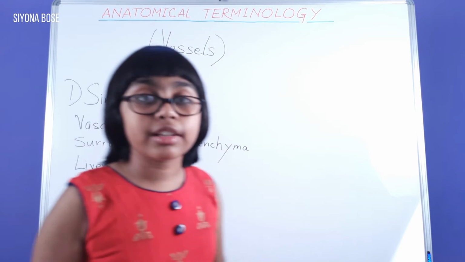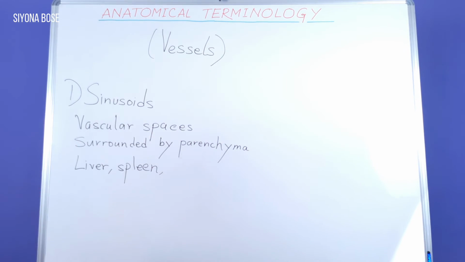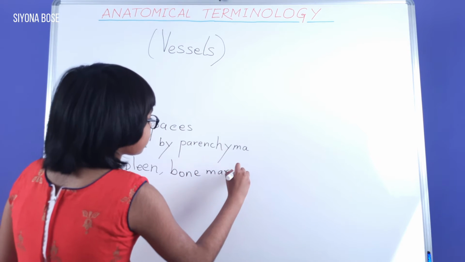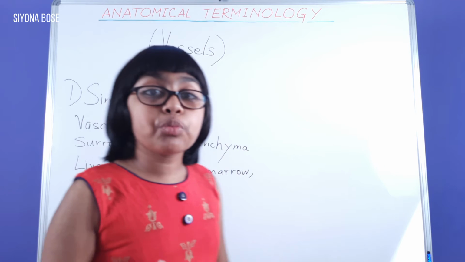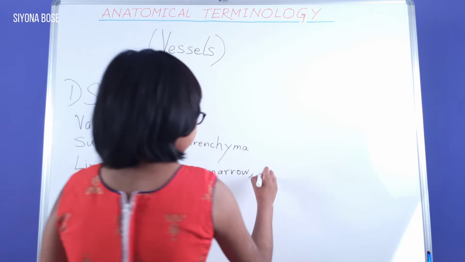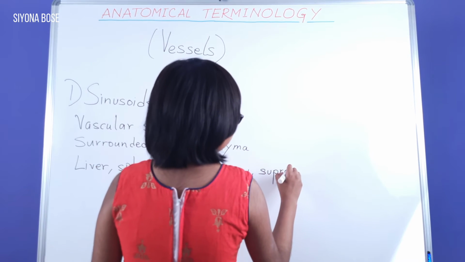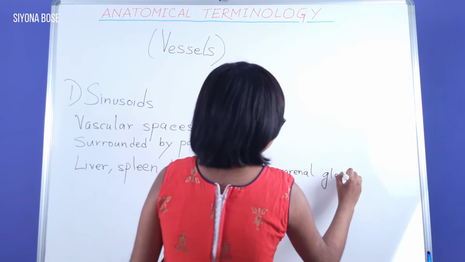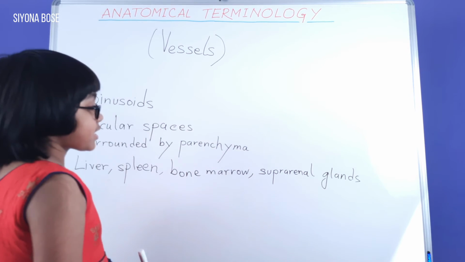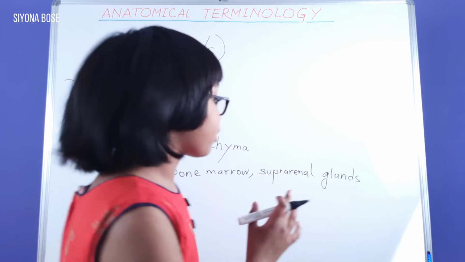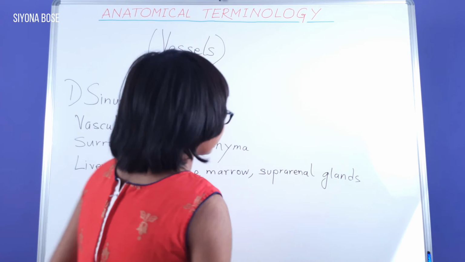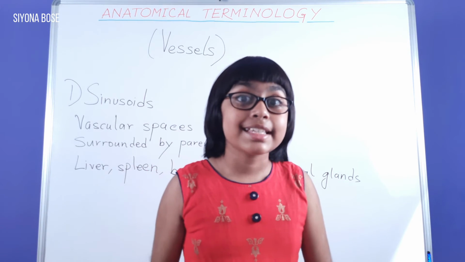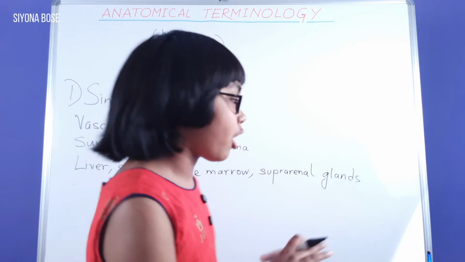Liver and spleen are close together in body location. Bone marrow, then suprarenal glands. And what does the word suprarenal mean? Supra comes from the word on top of, and renal means relating to the kidneys. That means relating to on top of the kidneys.